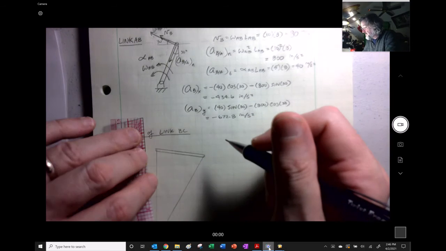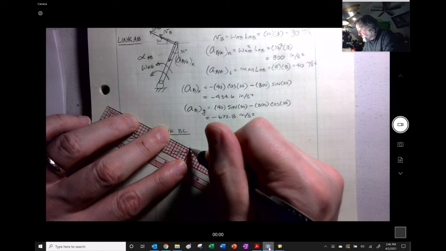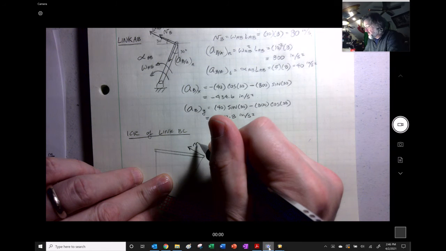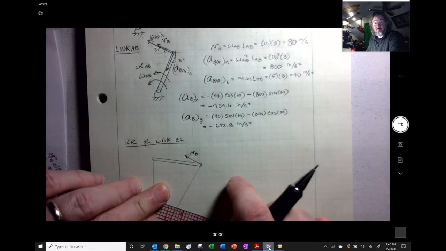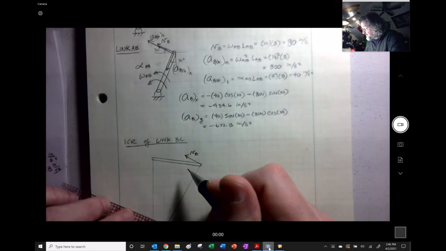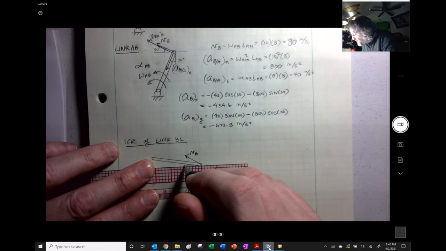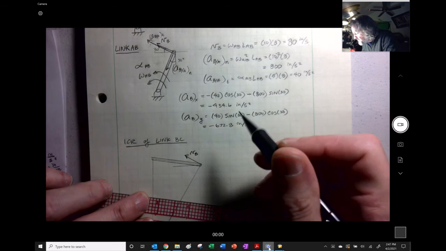So this velocity is coming upwards like that right there. That's our VB that we got up above, right? And so let's take a look. Okay, so a couple things that we know. We know that right there is 15 degrees, right?